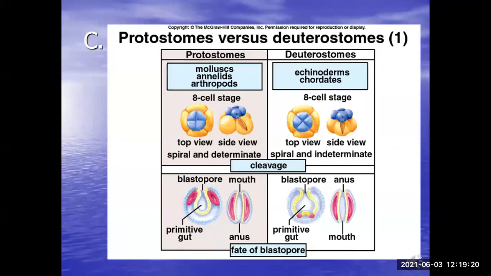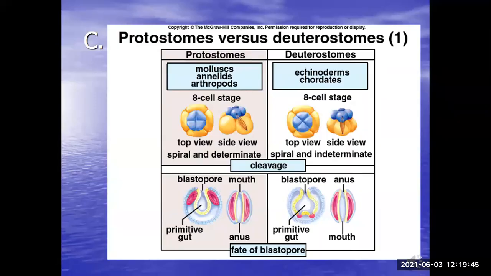Also in this splitting of the true coelomates into the protostomes and the deuterostomes, we see that the actual formation of that fluid-filled sac is different. In one, it comes from a splitting, and the other, it comes from the outpouching of the gut. We'll see a diagram of this in a moment.